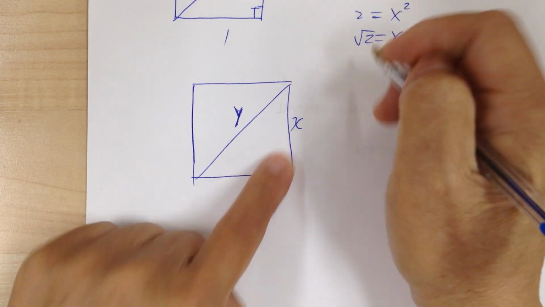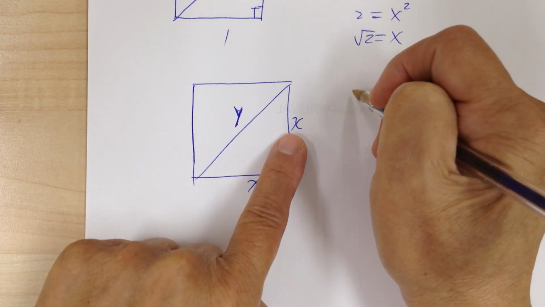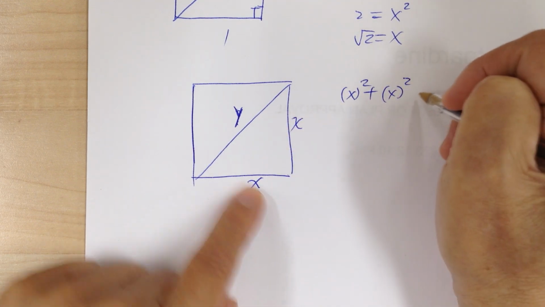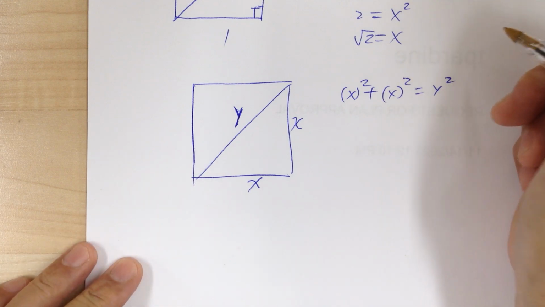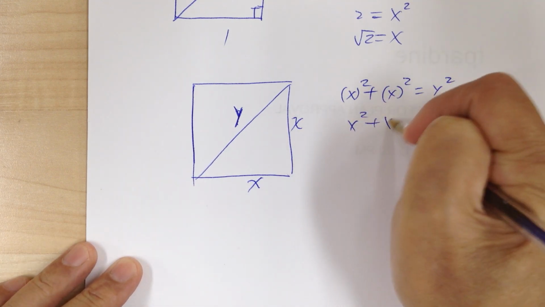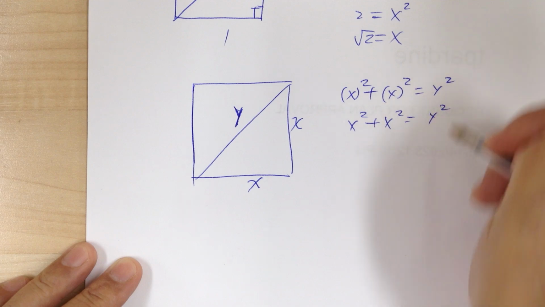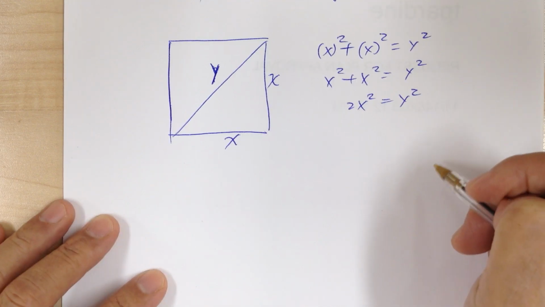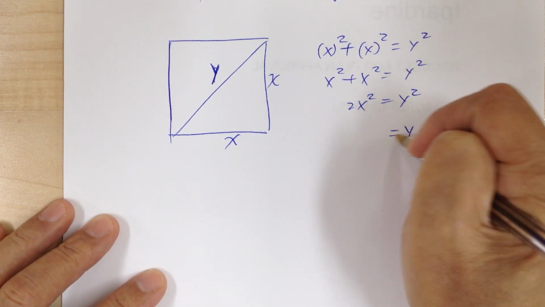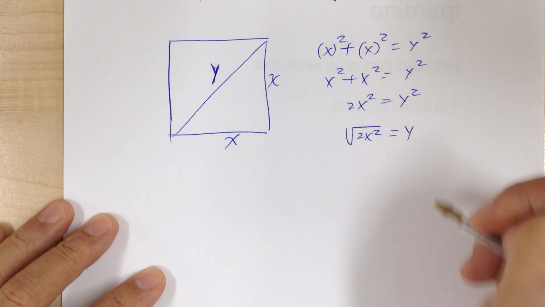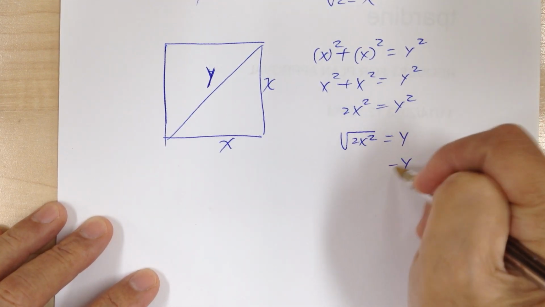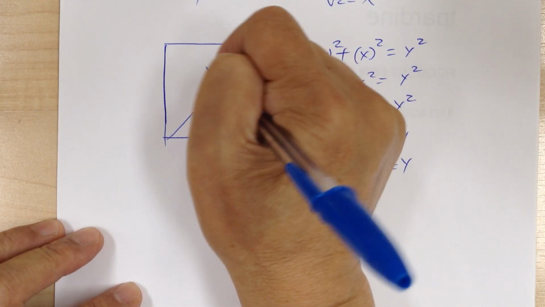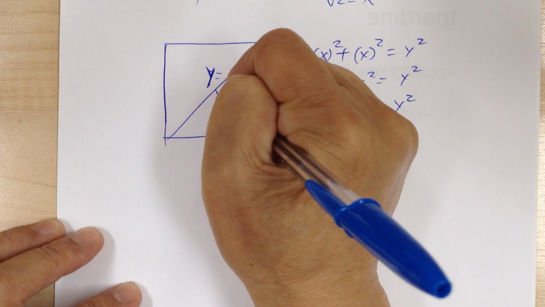A squared plus b squared equals c squared, so you're going to get x squared plus x squared equal to y squared. Then 2x squared equals y squared. Then you take the square root, so y equals square root of 2x squared, and the square cancels out, so you get x times square root of 2.